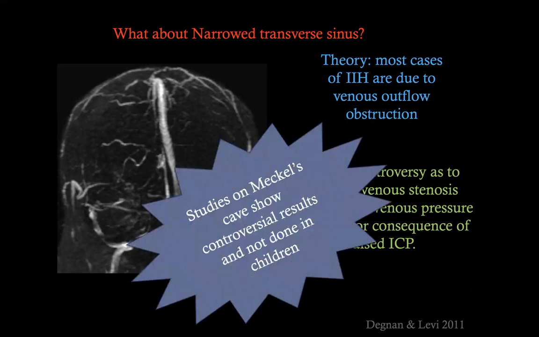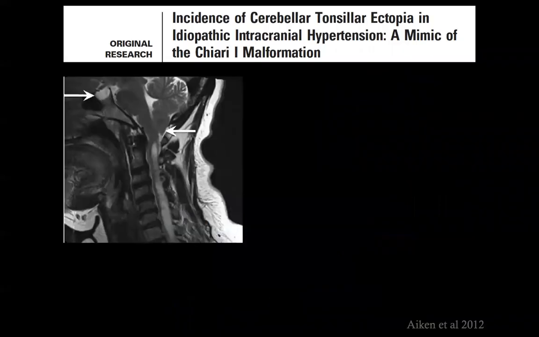There are some studies on Meckel's caves or the oval canal for V3, which are not really consistent in the literature. I don't use the shape of Meckel's cave in my assessment of IIH.